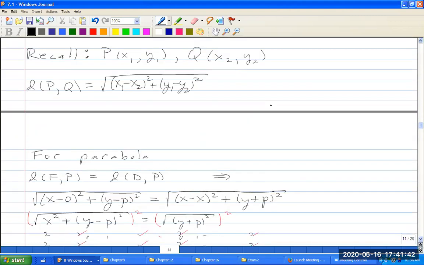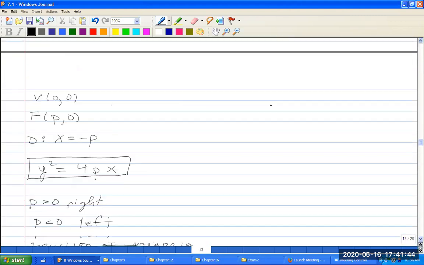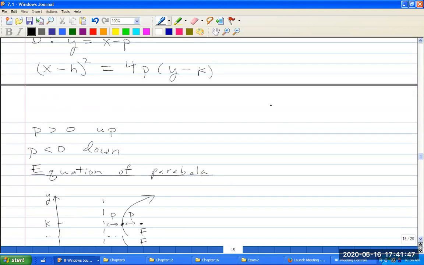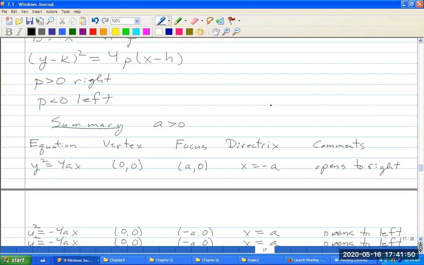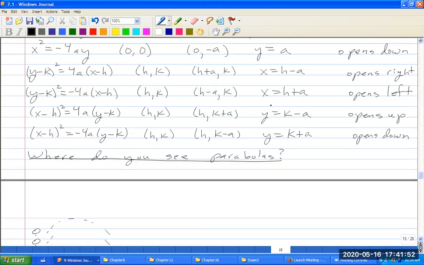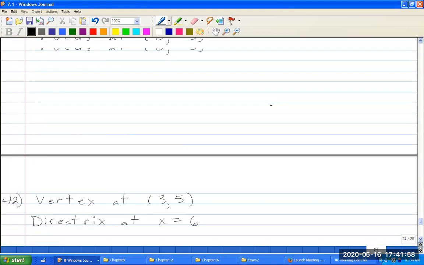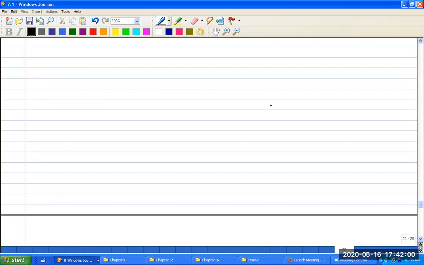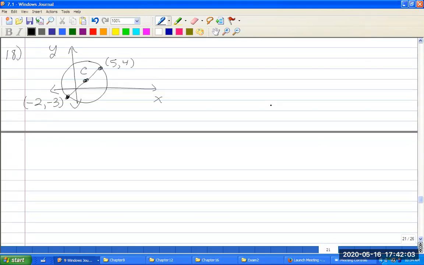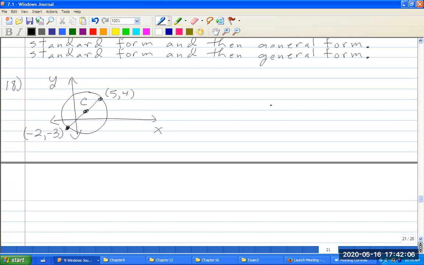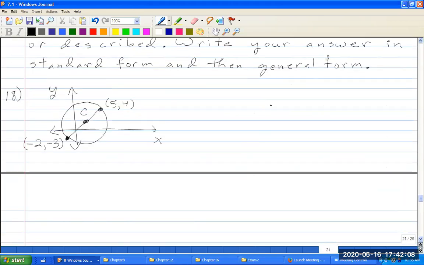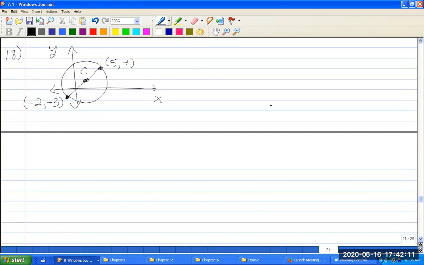Okay, let's see where we're at. Okay, so let's do this. I want to figure out the center of a circle.